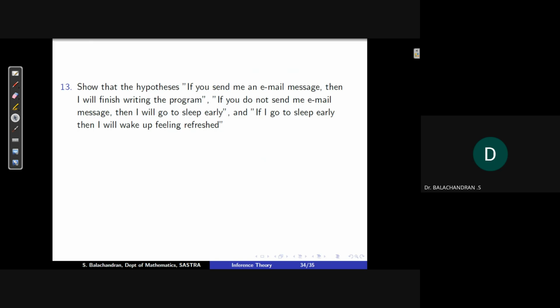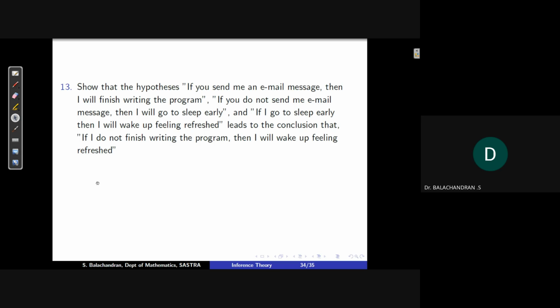And third, if I go to sleep early, then I will wake up feeling refreshed. This is the third premise. So this leads to the conclusion: if I do not finish writing the program, then I will wake up feeling refreshed. So this is the conclusion.